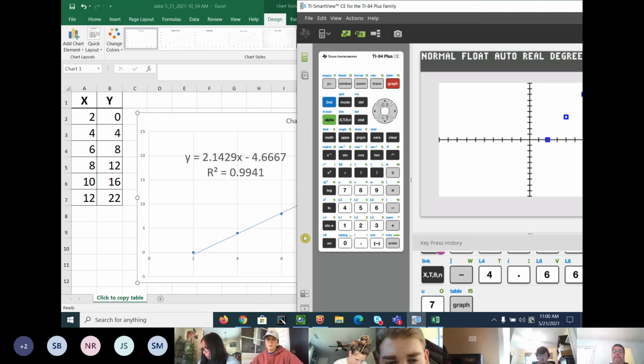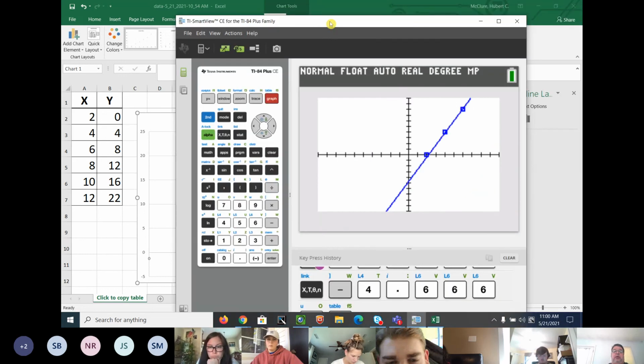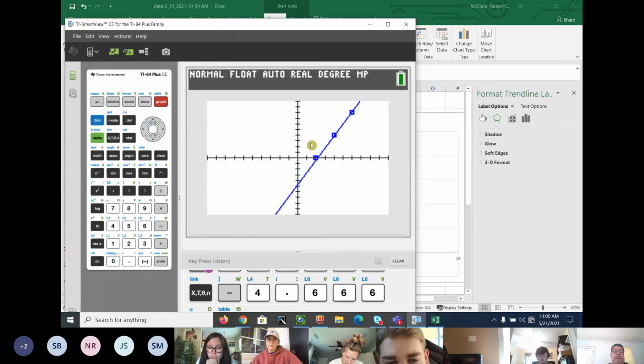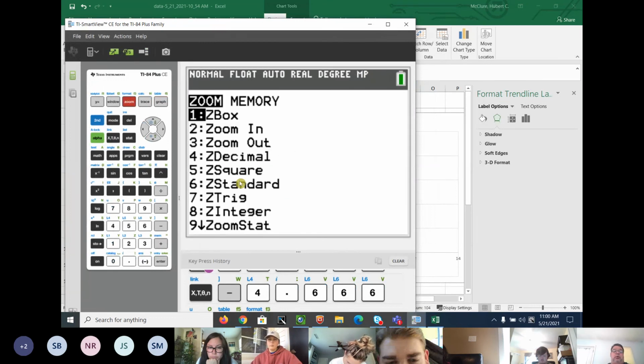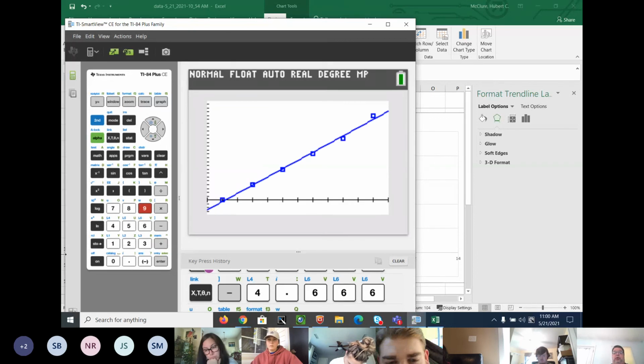And graph. And there she is. Now you can't see it all, so you hit zoom 9 for stat. There you go.